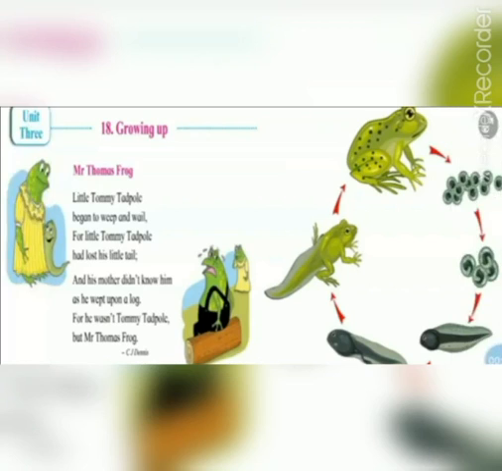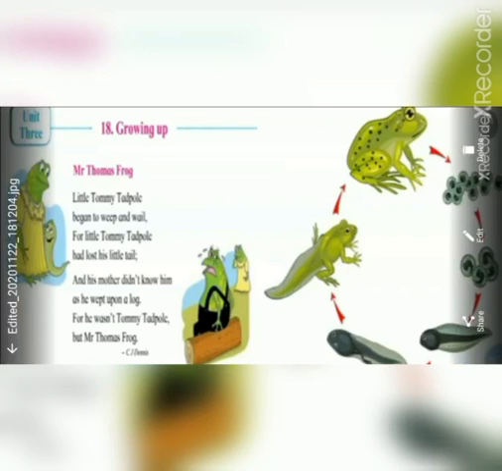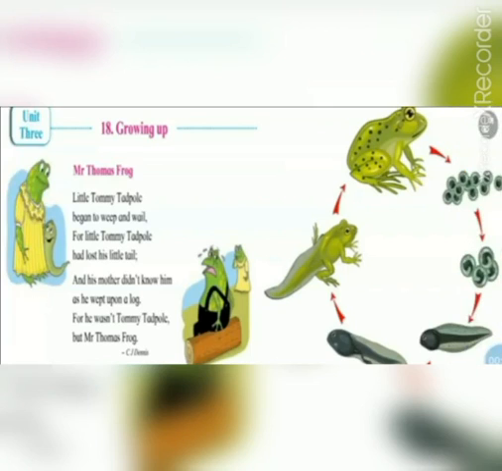But when mother reached Tommy, that time he wasn't Tommy Tadpole. Then who was he? He became Mr. Thomas Frog. It means the tadpole fully grew and changed into an adult frog.